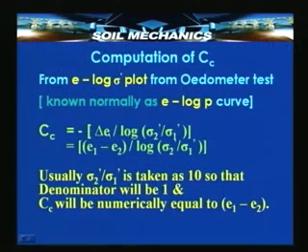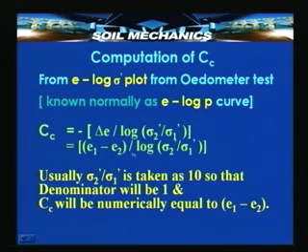Now, we know that e1 is greater and e2 is lesser, and once we express it as e1 minus e2 divided by log of sigma 2 dash by sigma 1 dash, Cc becomes a positive quantity, and it is this positive quantity Cc which we can use in a relationship like this for computing the settlement subsequently.